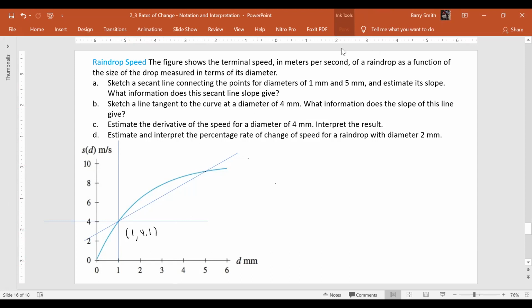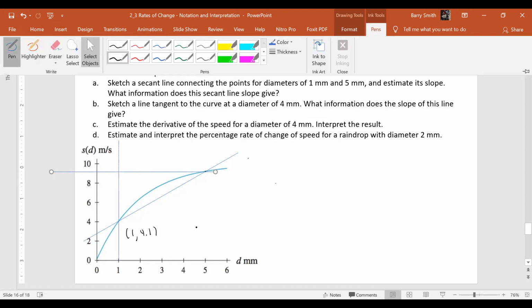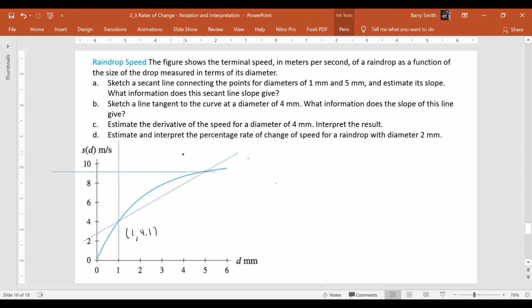I don't remember. So that's 9.2 or 9.3 maybe. Let's say 9.2 just to be easy for subtraction. So we'll say 5 comma 9.2.